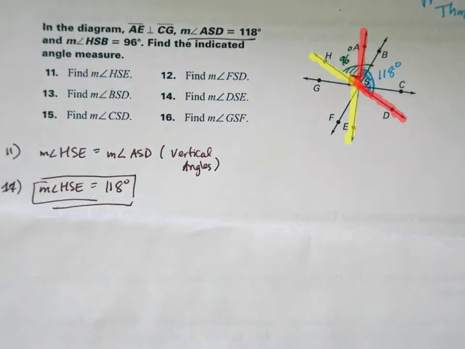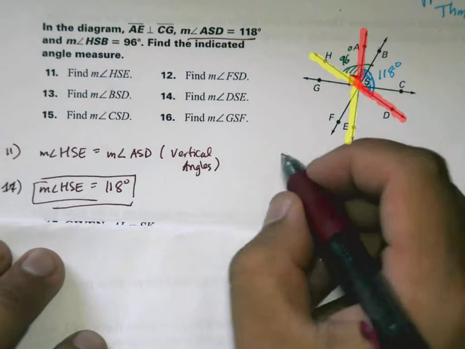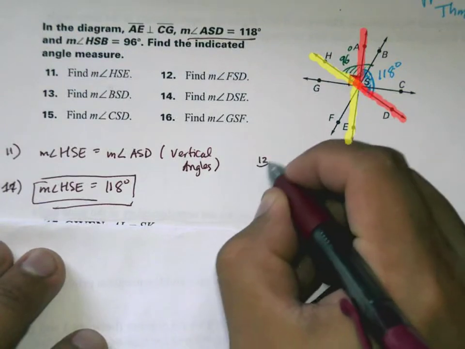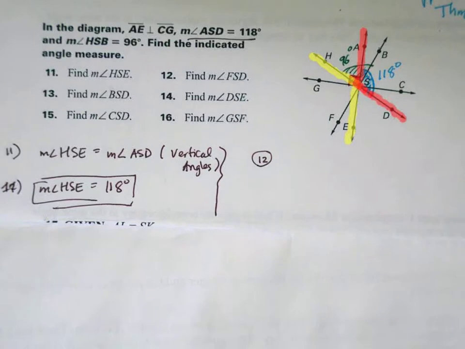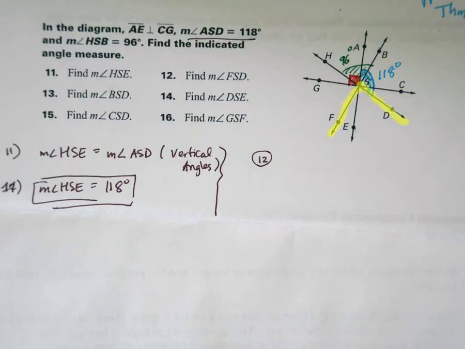Can we find the measure of angle FSD? So let me clear this highlighting out, hopefully making it a little bit easier for everybody to see. FSD, going from F to S to D. You can see that FSD is a vertical angle with another one.